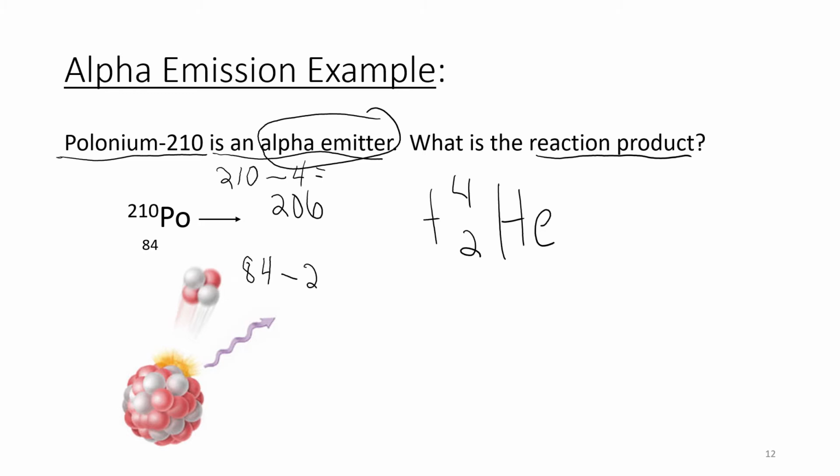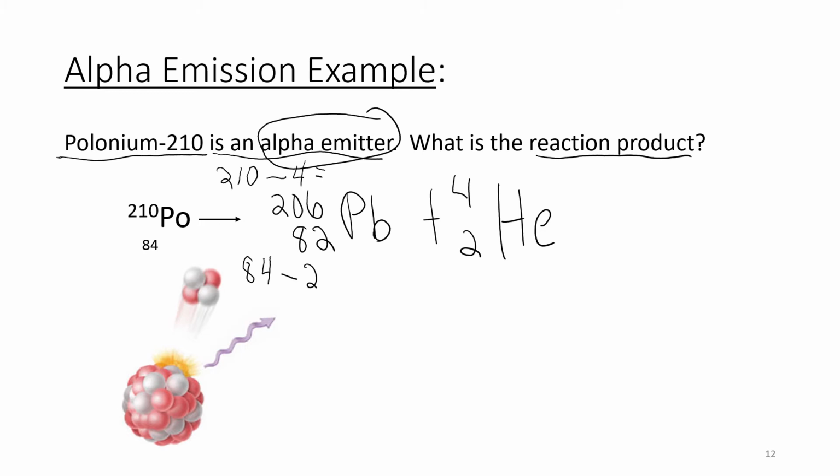That would give us 82, and then we use our periodic table. Atomic number 82 gives me Pb, which is lead. You don't have to remember the name lead, but just know the symbol. You have your periodic table to determine that.